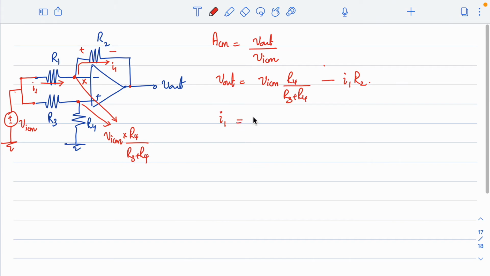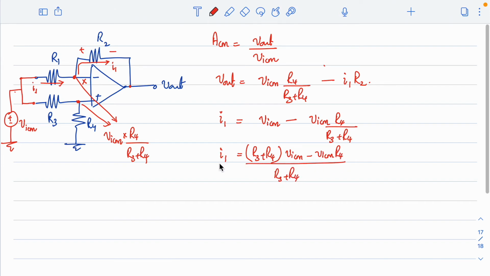So I can write I1 as VICM minus VICM into R4 by R3 plus R4, or this can be further written as R3 plus R4 into VICM minus VICM into R4, divided by R3 plus R4. This is current I1.